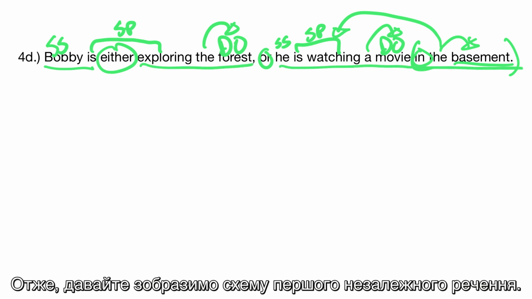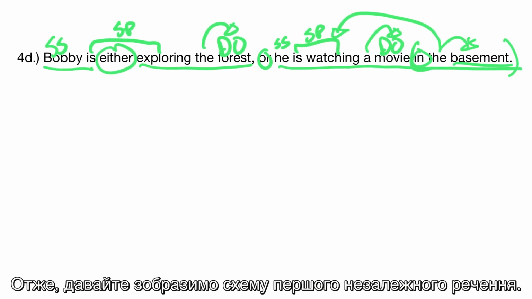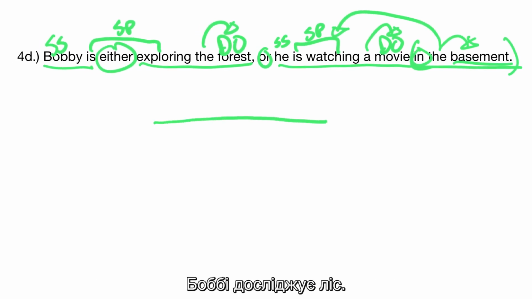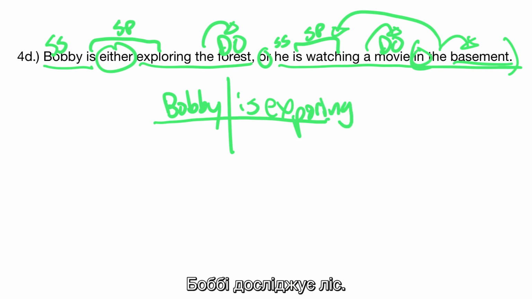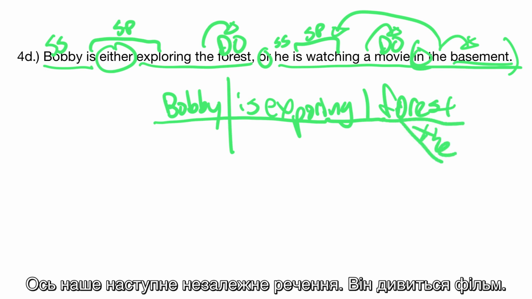So let's go ahead and diagram the first independent clause. Bobby is exploring forest. Here's our next independent clause.